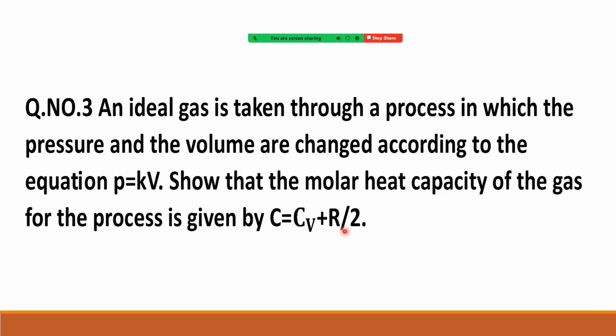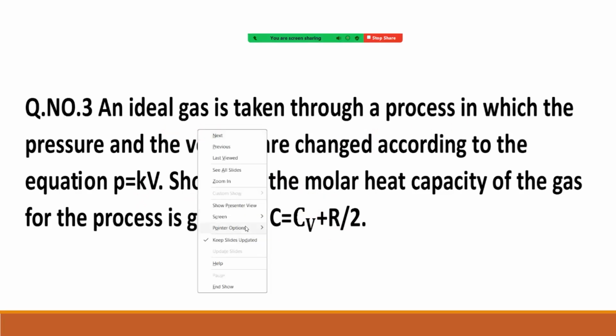So it is given P equal to some constant into volume, right? So we have to show that molar heat capacity for the process is this. Let's see how to start it.